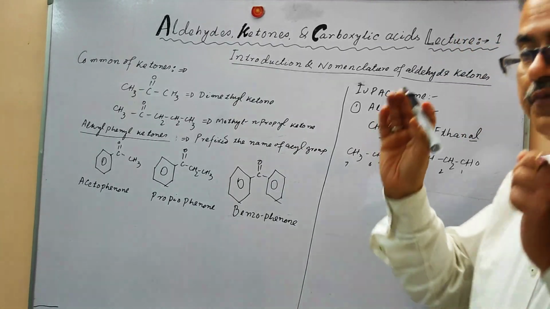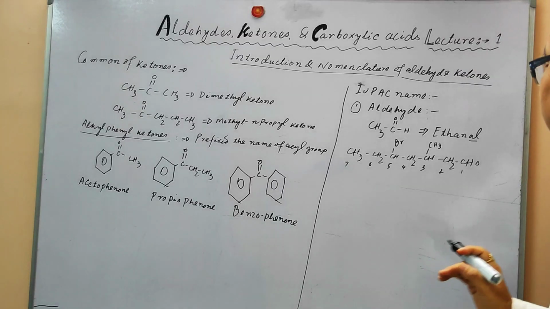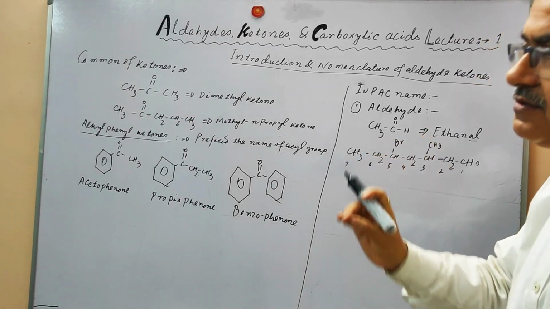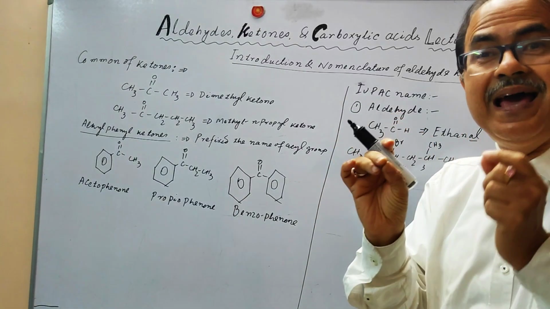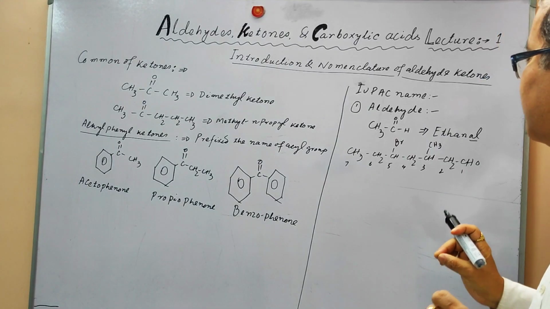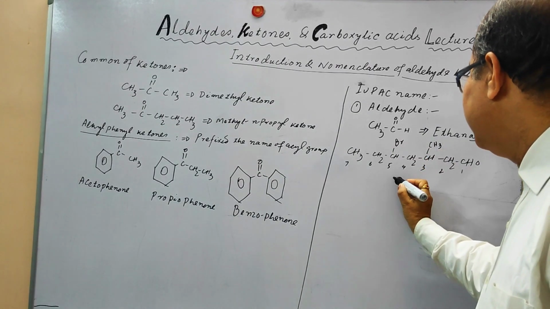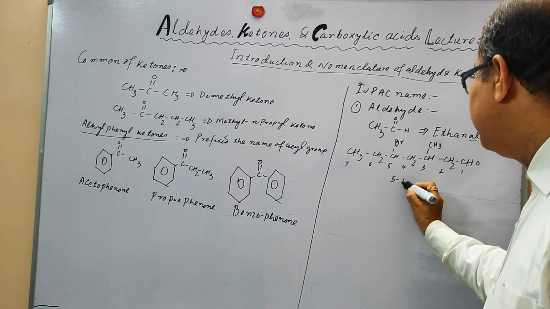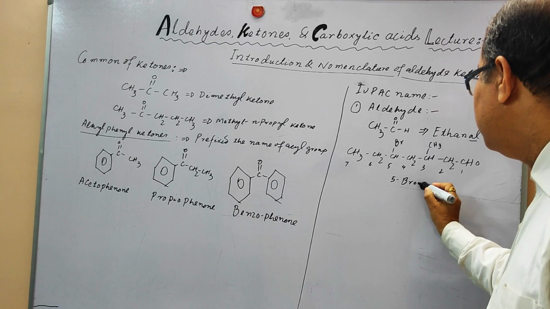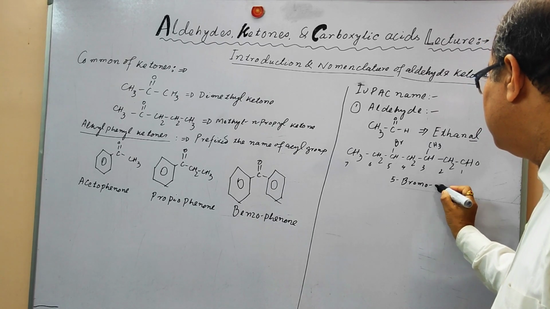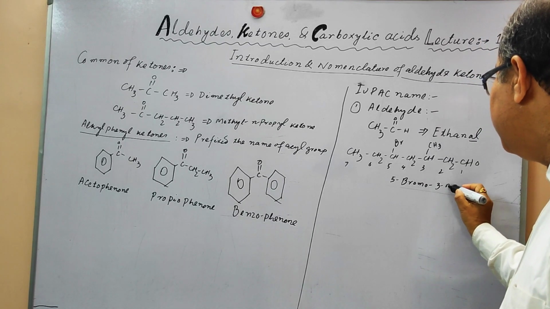First we prefix the substituents, and we put them in alphabetical order, so we write 5-bromo, 3-methyl.